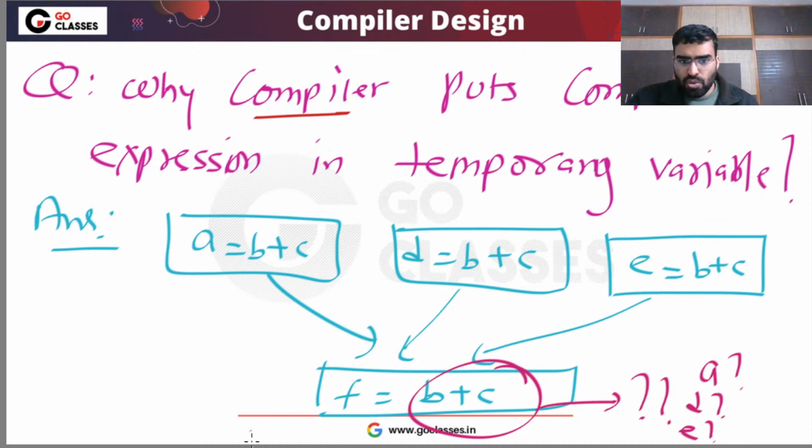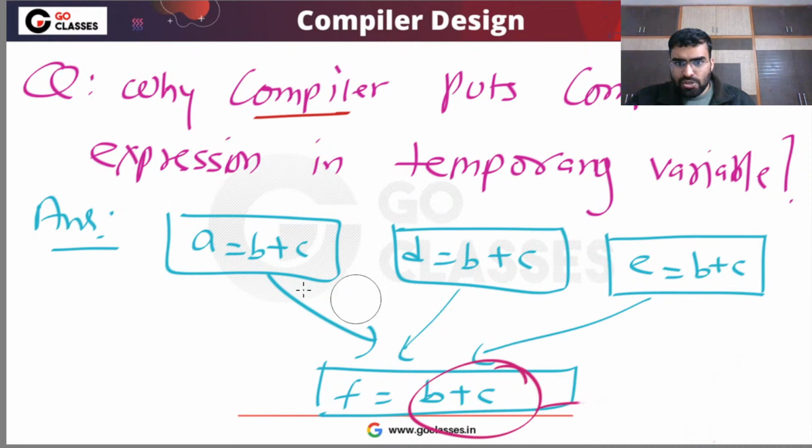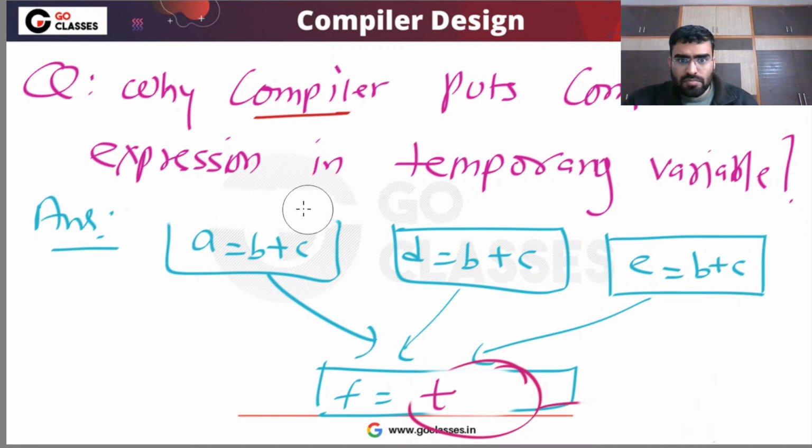So here, remember, the answer is like this. The compiler will do something like this. Because b plus c is available, here you will put t. You will put this b plus c in t.